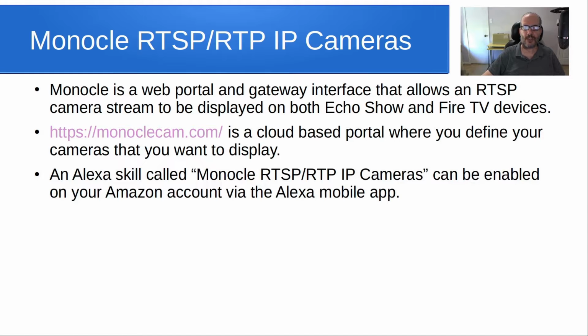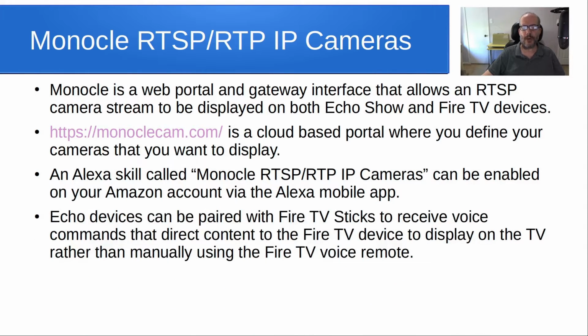So there is an Alexa skill called Monocle RTSP, RTP IP cameras, and it can be enabled on your Amazon account via the Alexa mobile app. Echo devices can be paired with Fire TV sticks to receive voice commands that direct content to the Fire TV device to display on the TV rather than manually using the Fire TV voice remote microphone button.